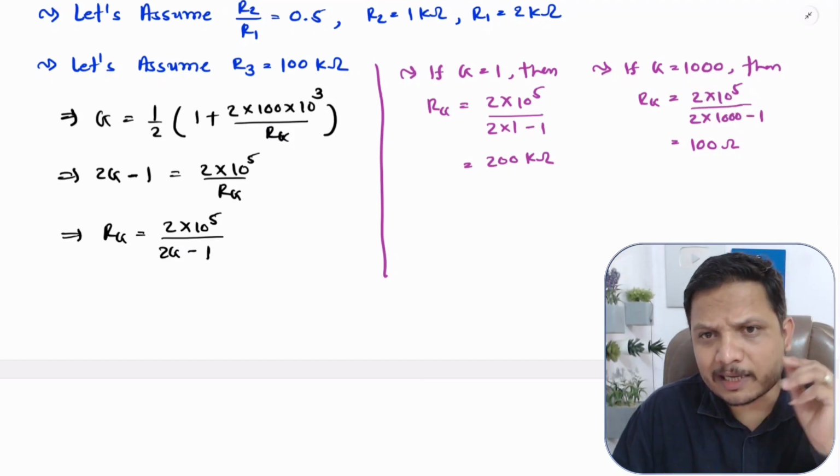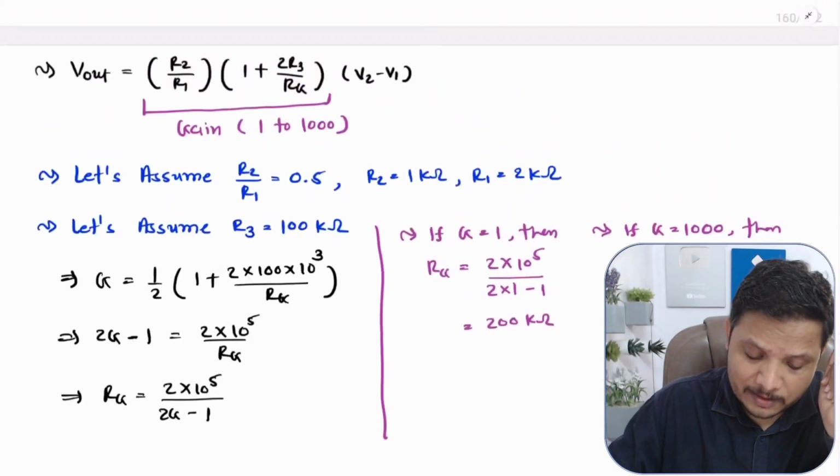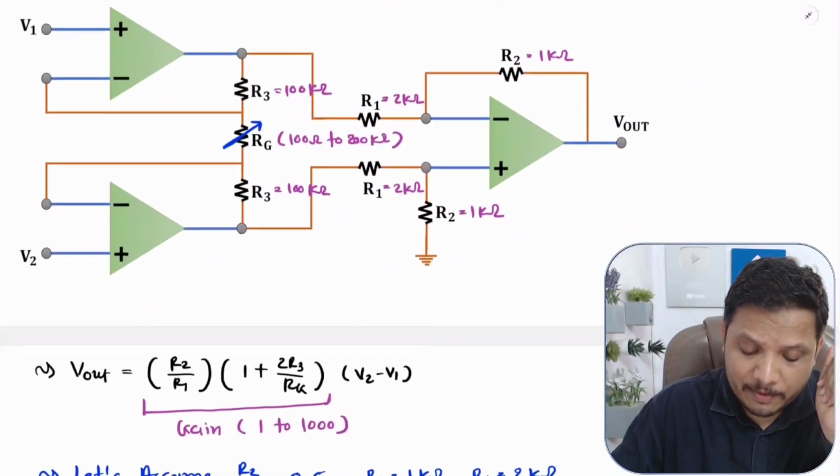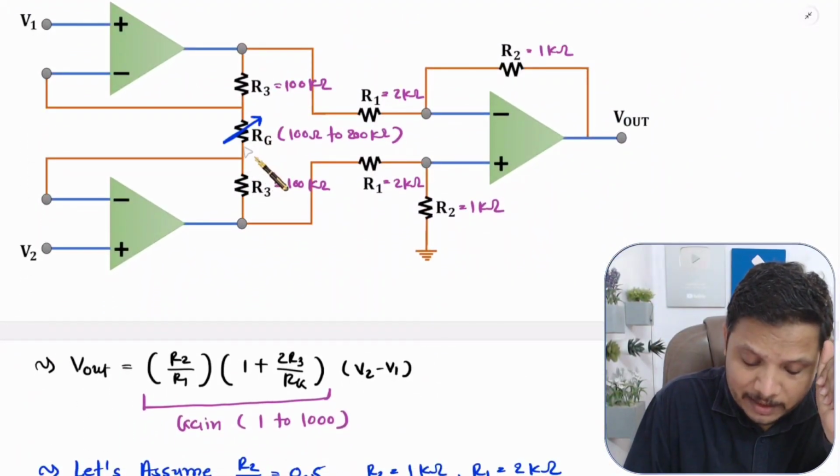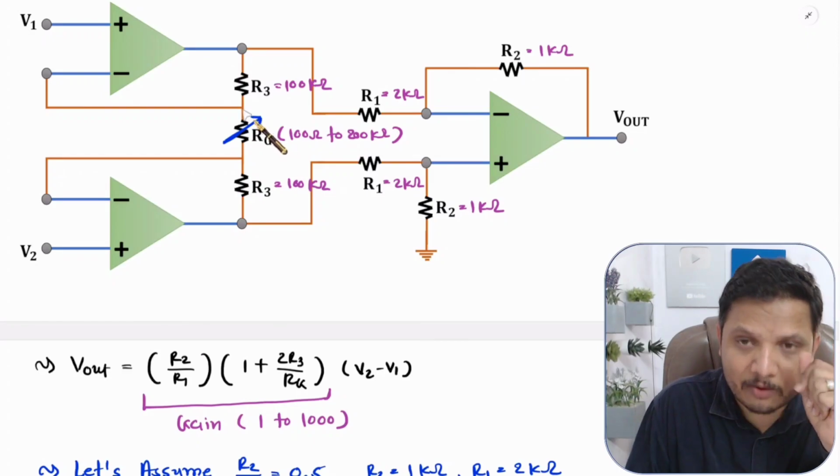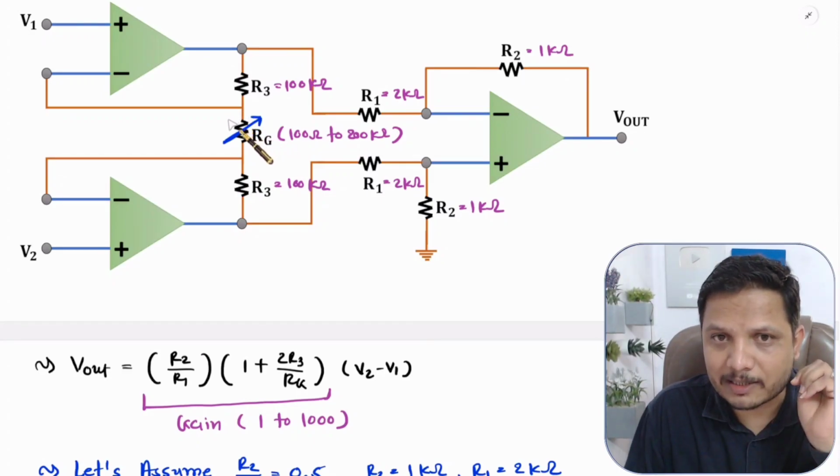Here there are few basic things that you need to note down. Sometimes they will be giving you this circuit in which there will be a series combination of fixed resistor and variable resistor, right?